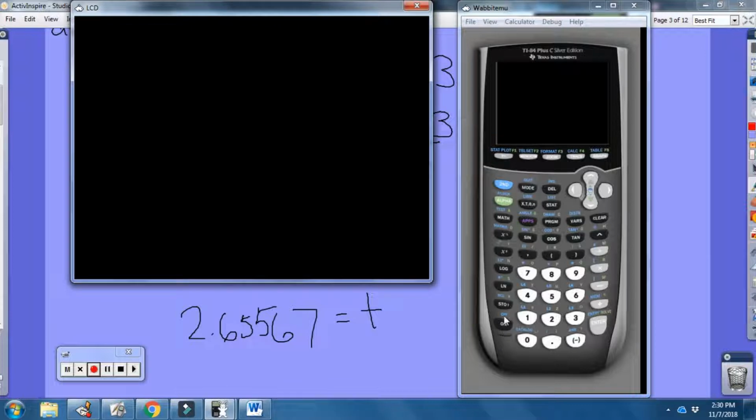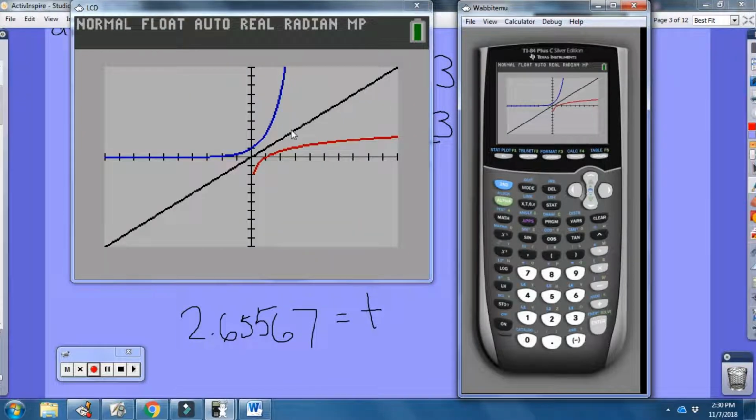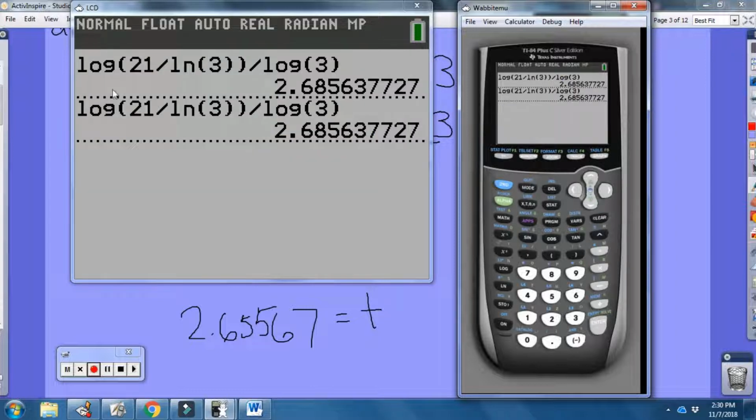Also, let's talk about how to do it on the TI-84. The way we're going to do that here is a little bit different. As you can see here, I did the same exact problem. I did log of 21 over natural log of 3. But you can see here I did divided by log of 3. The TI-84s can't do a log base 3. So you have to use the change of base formula.